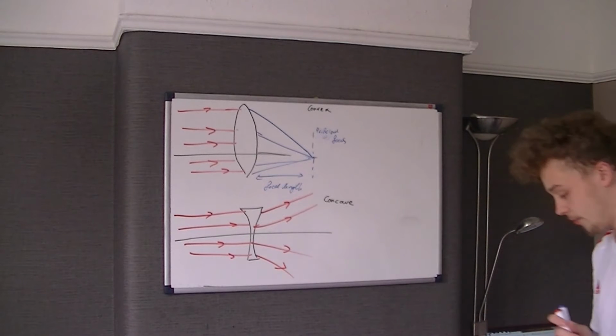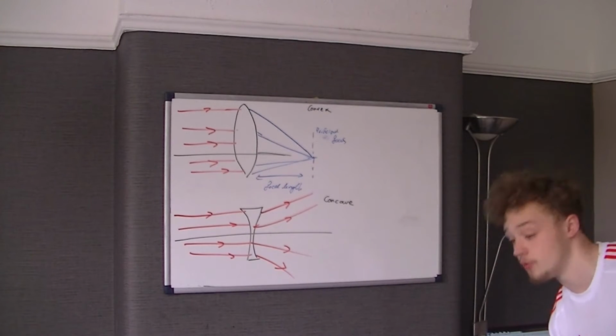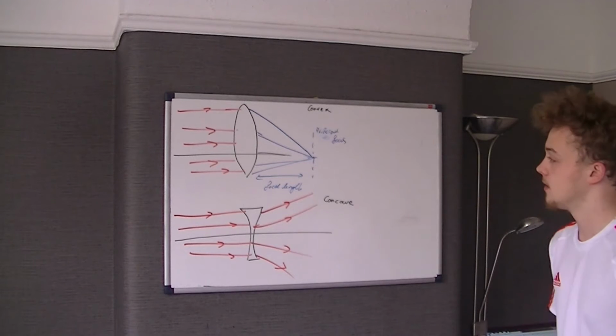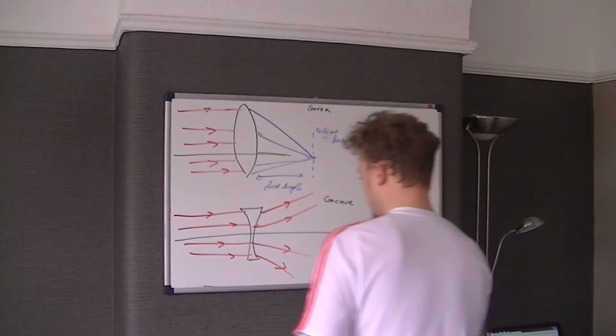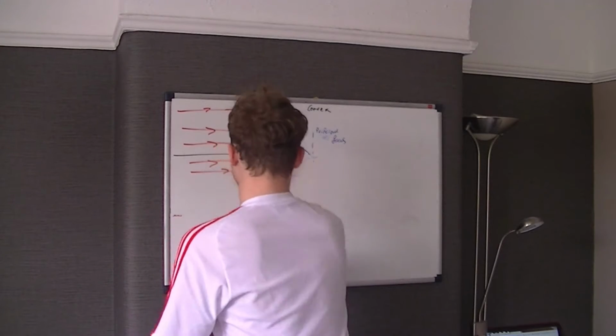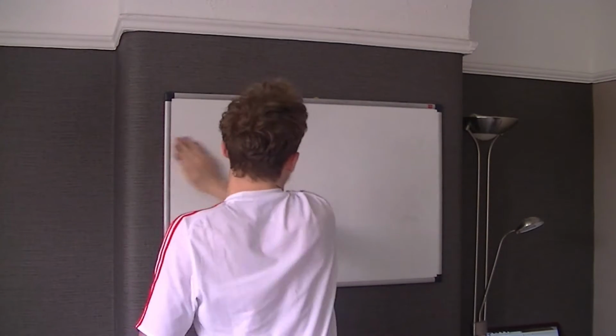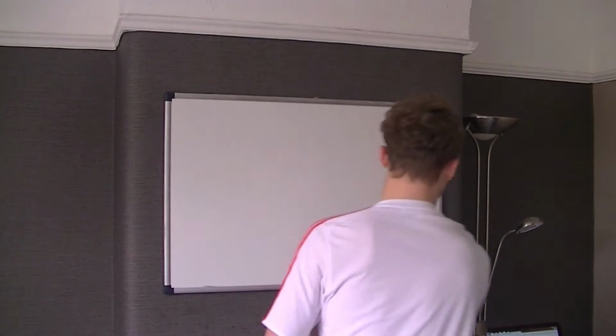Hopefully you're familiar with both of them, as that's something you probably covered way back in GCSE, and depending on what you did, you might have looked at different focal lengths.